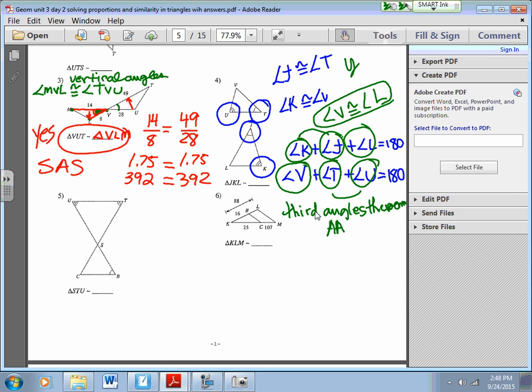So that means that these triangles are similar. Now be careful, how do you fill in the correct writing of that? TUV? All right, so let's make sure. J matched with T, K matched with U, and L matched with V. TUV?